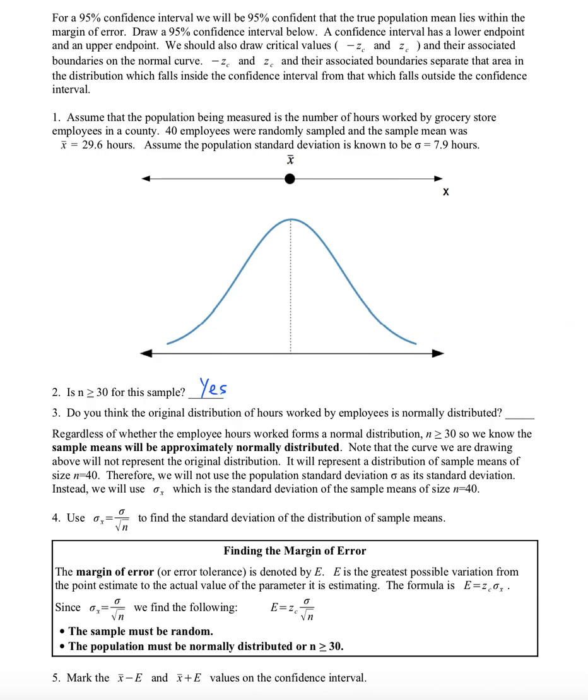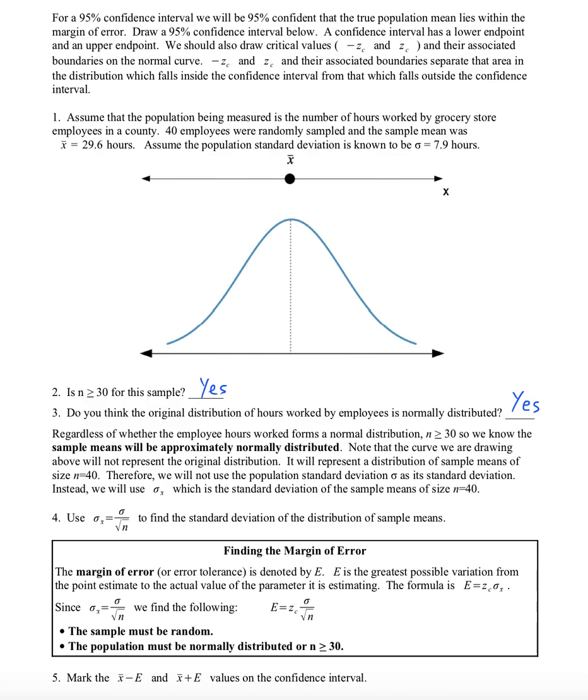But do we think the original distribution of hours worked by employees is normally distributed? So think about that. The answer is yes. This would typically be an example of the type of variable that would be normally distributed. There would be an average number of hours worked around which most employees would work.